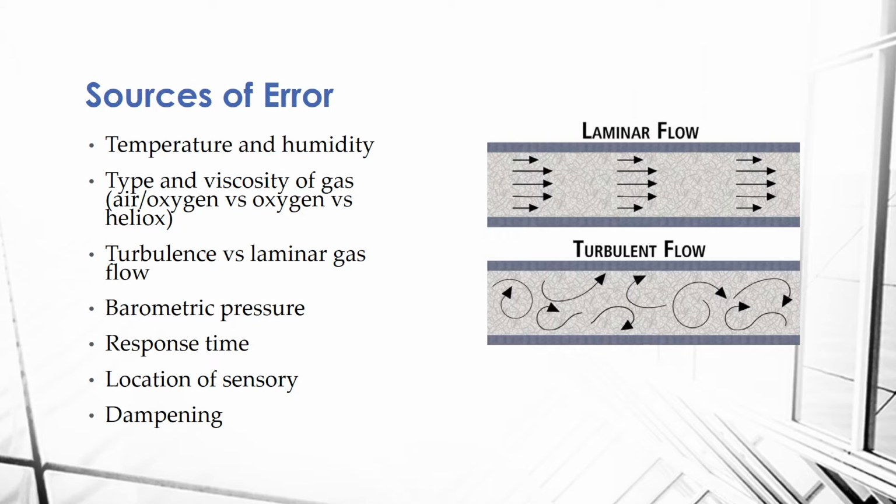This comes back to all your ventilators being calibrated to work at sea level, so you'll mainly see those if you go on fixed wing transports, but I haven't met too many people that have been doing those lately. Also the response time of your sensors, location of your sensors, and whether you have any dampening on your sensors.